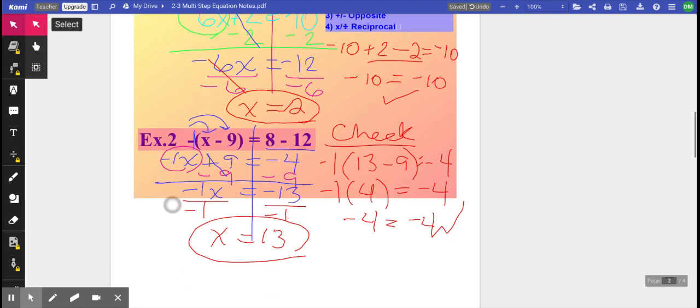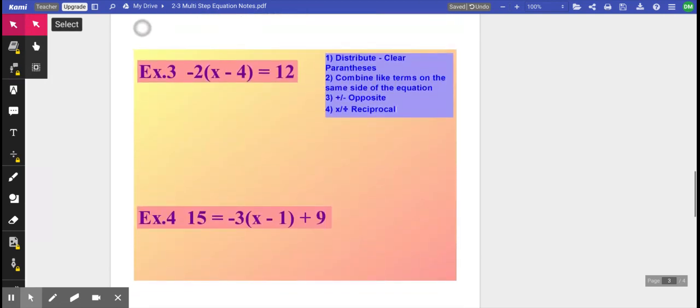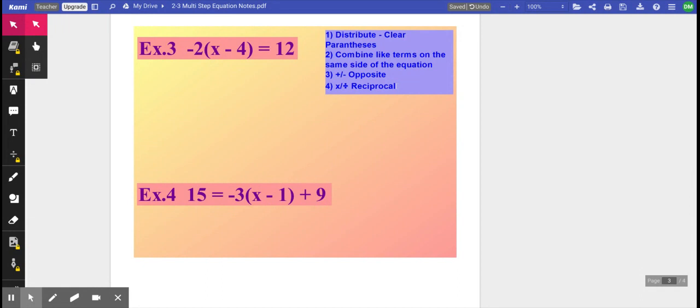Moving along to our last two examples. Example 3. We have -2 times the quantity x minus 4 equals 12.